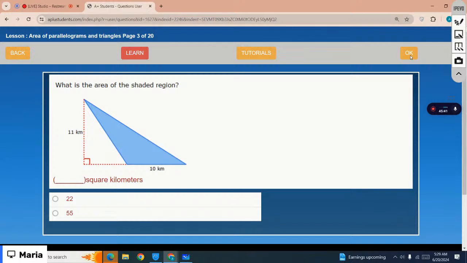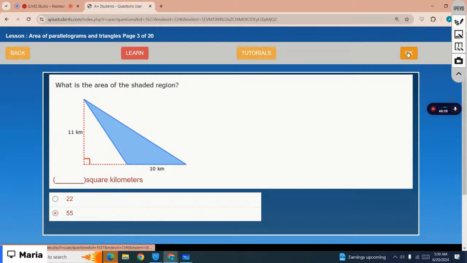What is the area of the shaded region? Which is the correct option? The correct option is 55 square kilometers.